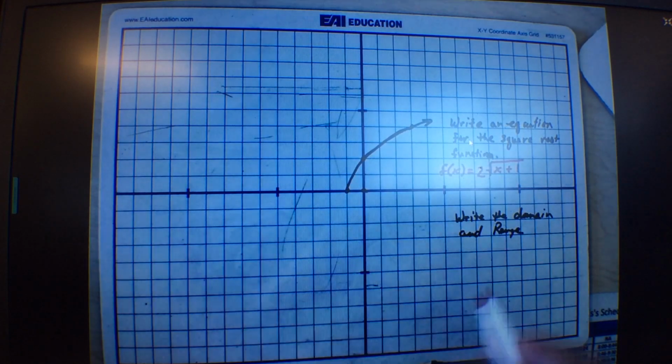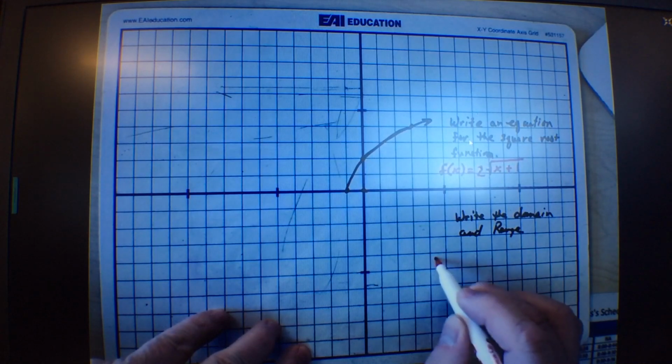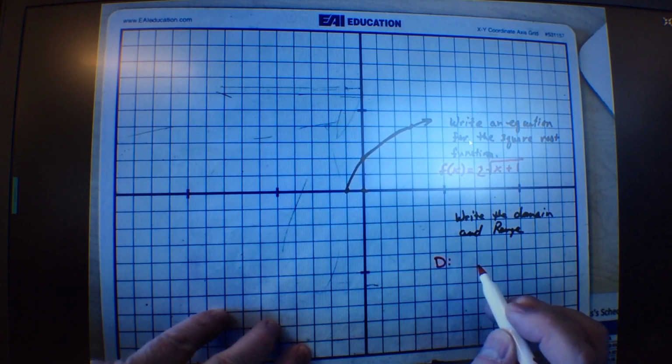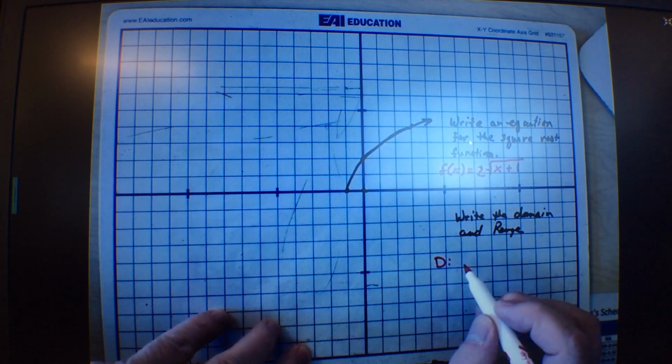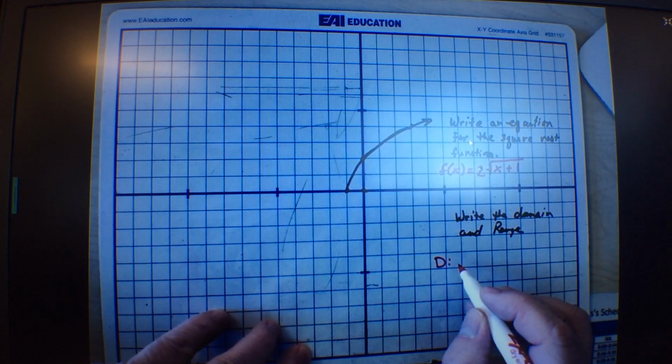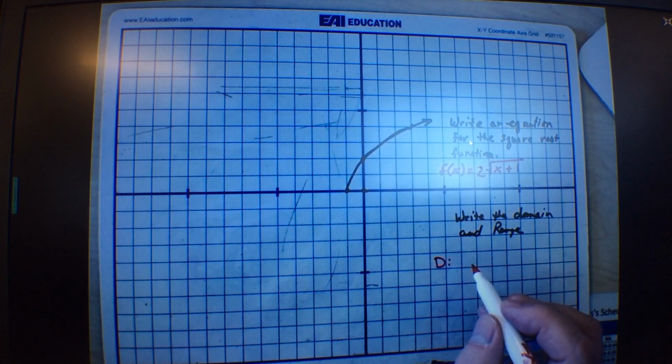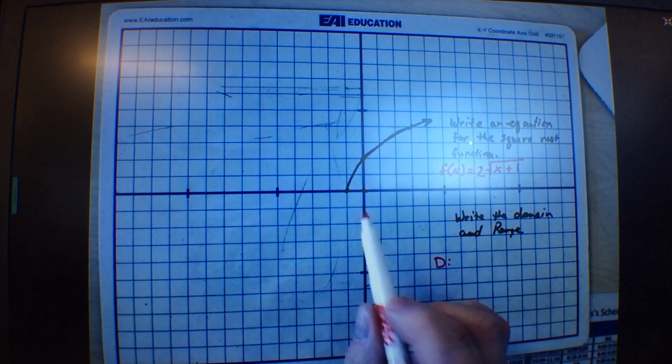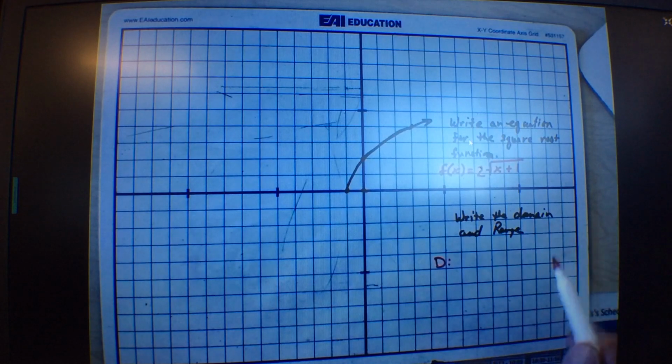Okay, all right, so now let's talk about domain and range. Can you do the domain? Is that like the negative infinity stuff? Yeah, kind of. This is the x value. Where does it start? Negative 1.